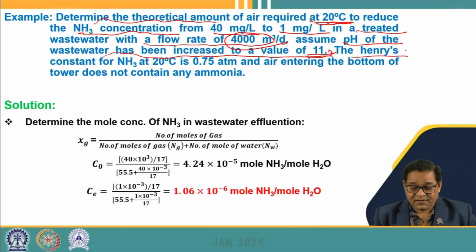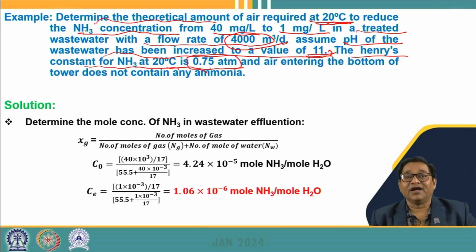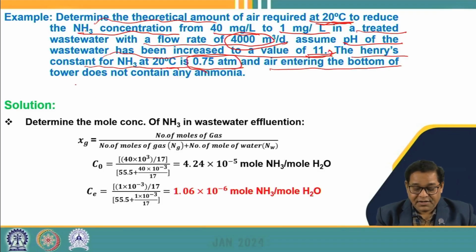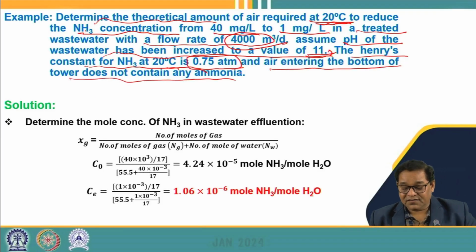The Henry's law constant for ammonia at 20 degrees centigrade is given, the value of H is 0.75 atm. Also, the air entering at the bottom of the tower does not contain any ammonia, so the initial concentration of solute in the stripping medium, air, is 0.